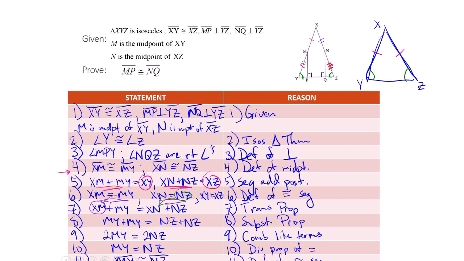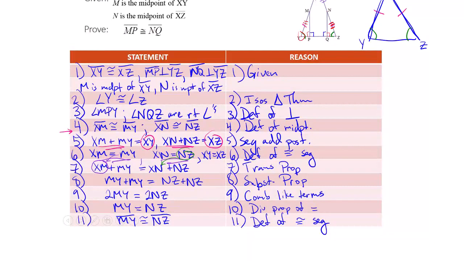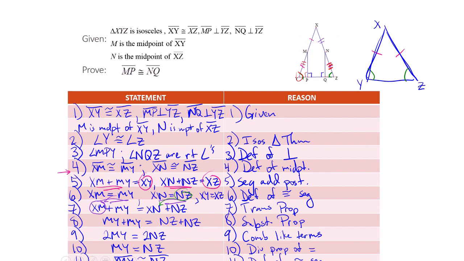So now we have the hypotenuse, we have this angle, and we have these right angles. At this point, I'm not seeing hypotenuse-leg. What I'm seeing is, okay, why don't we just say these right angles are congruent, and then we can say angle, angle, side, right?